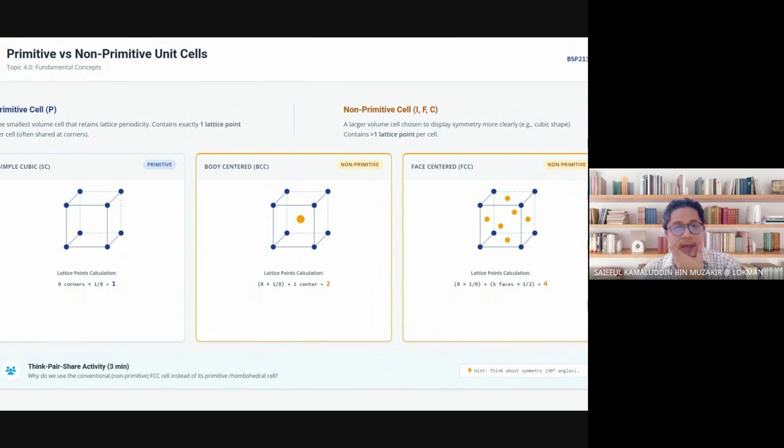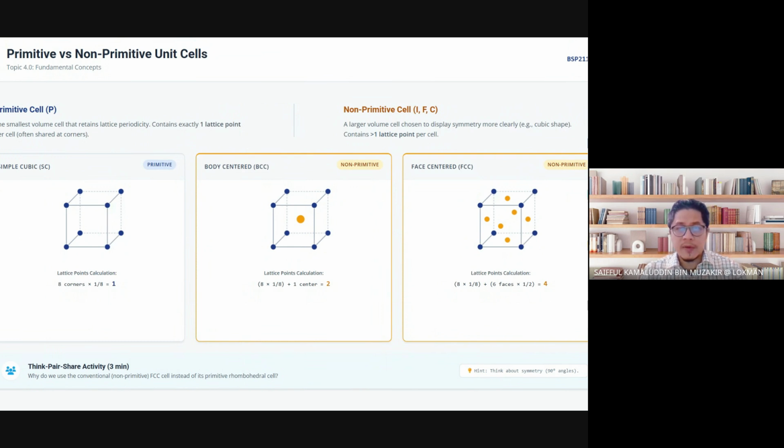So be careful here. One lattice point does not necessarily mean one atom, because the basis may contain more than one atom. Could be a molecule, and the molecule could contain more than one atom, 2, 3, 4, 5, or even 8. Depends on the material.